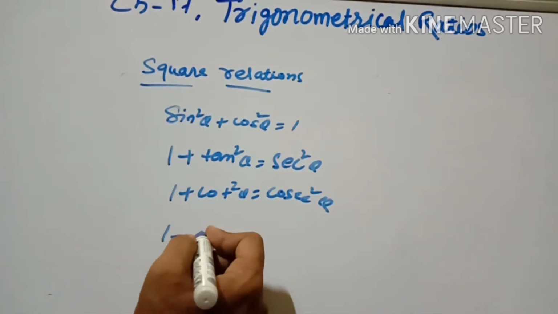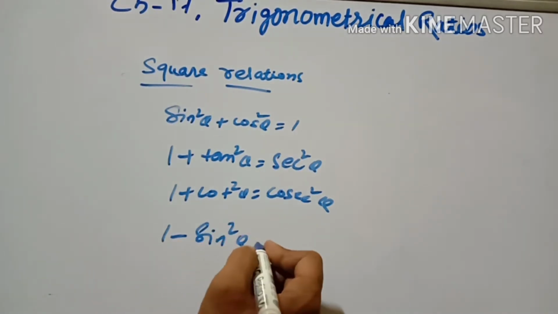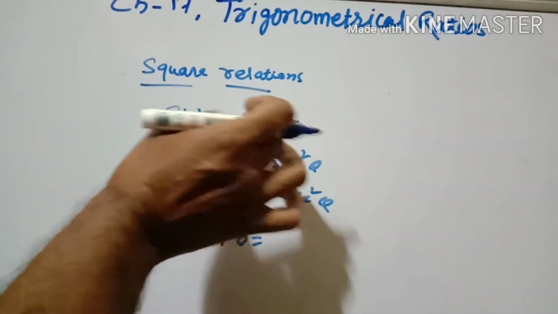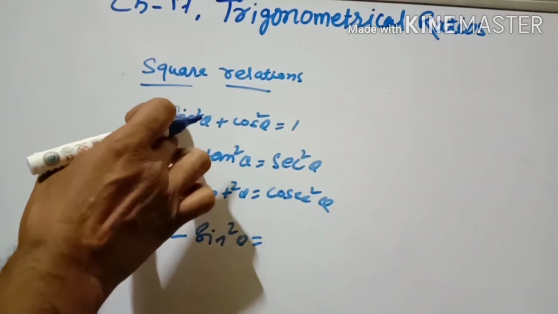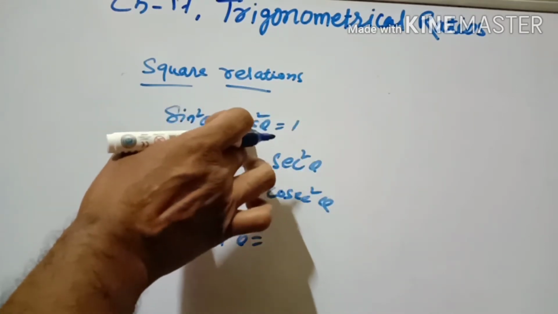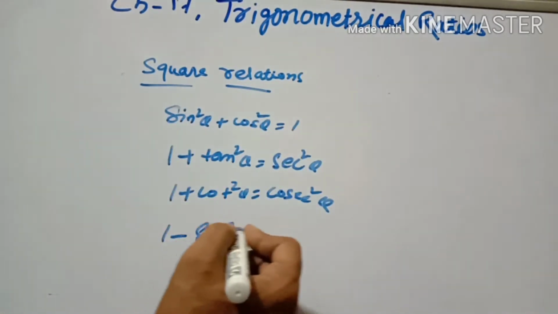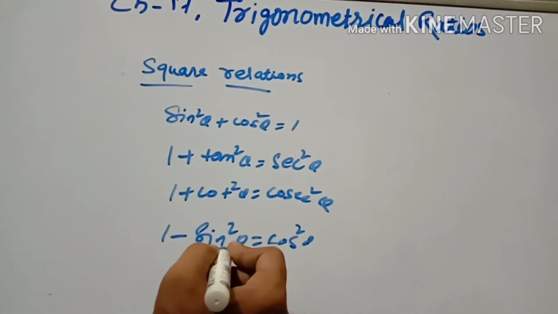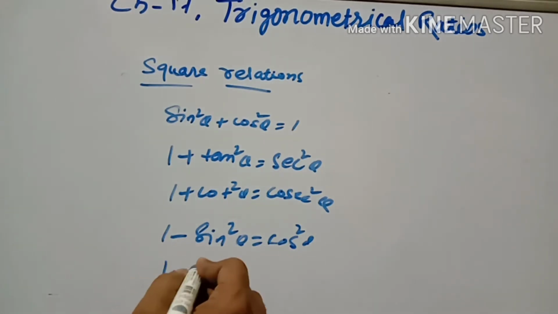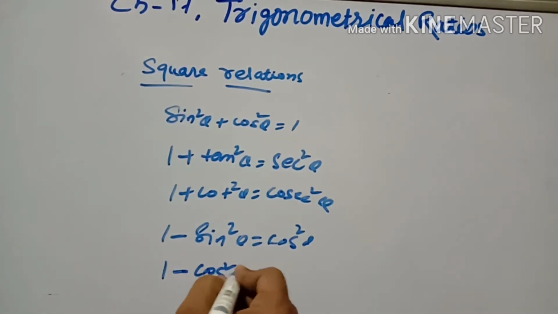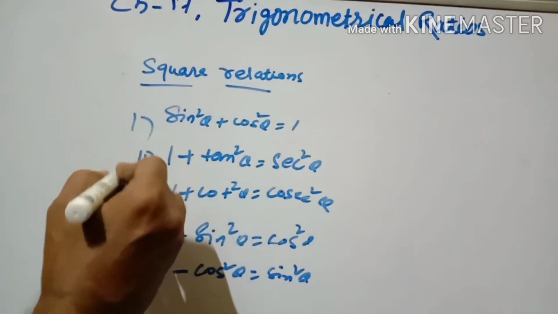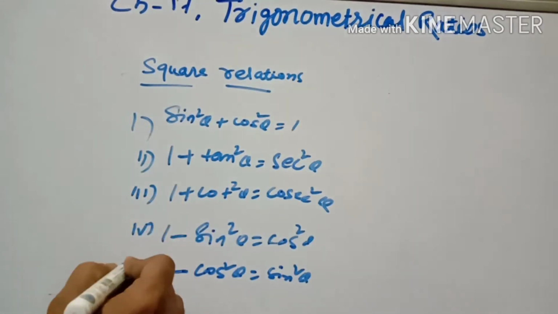You can also derive one more formula from here. Suppose you take sin square theta to the other side, it will become cos square theta equal to 1 minus sin square theta, therefore 1 minus sin square theta equal to cos square theta. Same as I can write 1 minus cos square theta equal to sin square theta. 1 2 3 4 5.